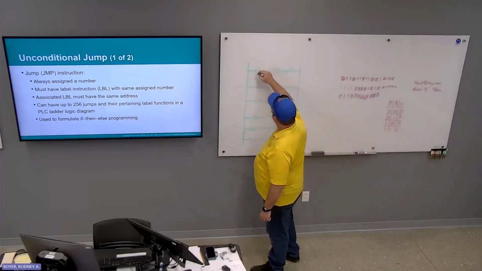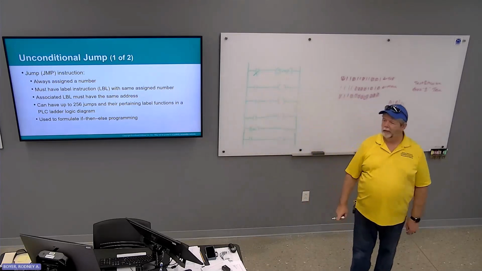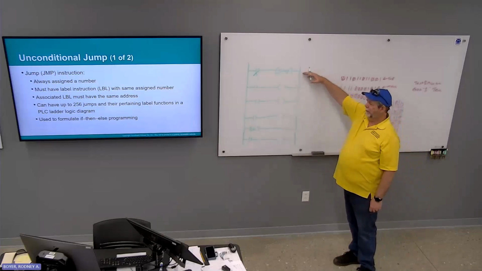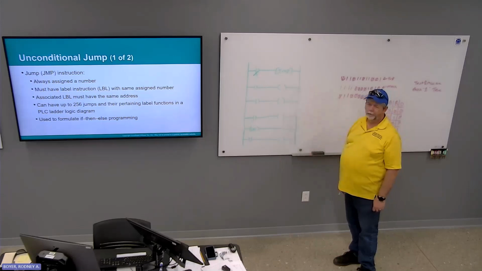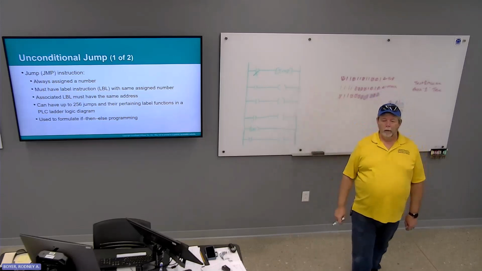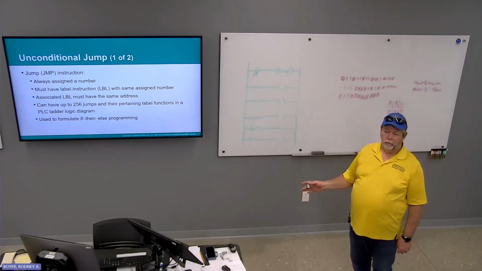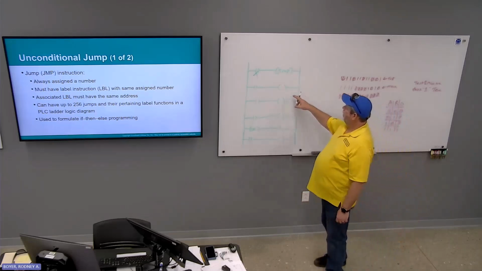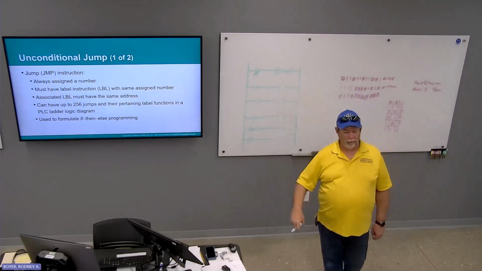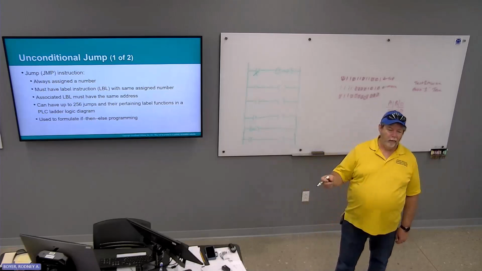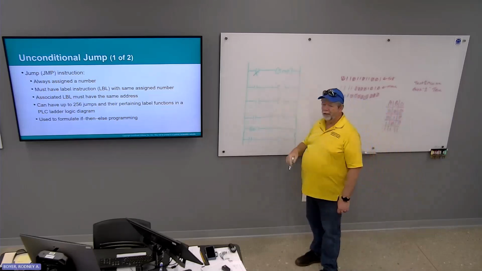If whatever that is evaluates as true, it's going to jump from here to here, jump right over these. That means it does not process them at all. So if these are physical outputs, whatever, if it was off when this evaluated is true and we jump past it, it'll stay off.